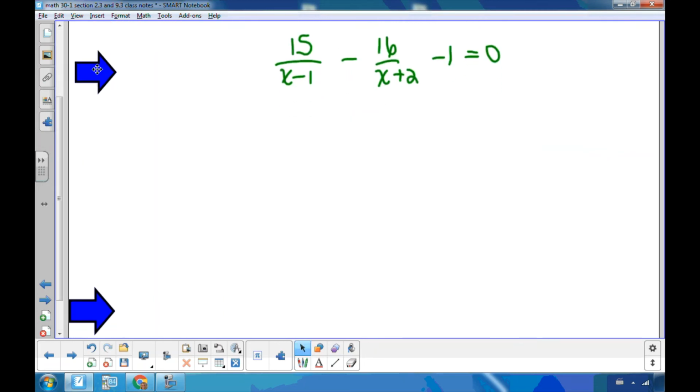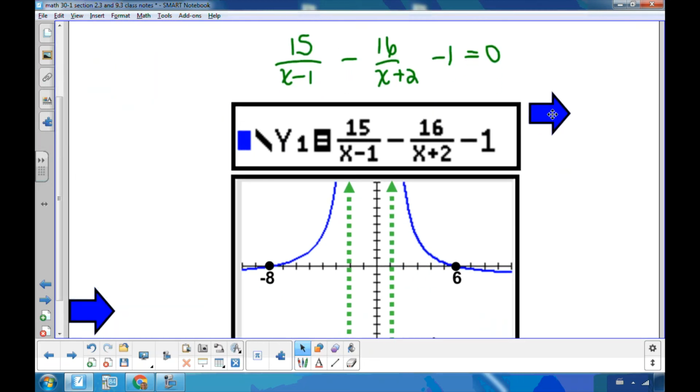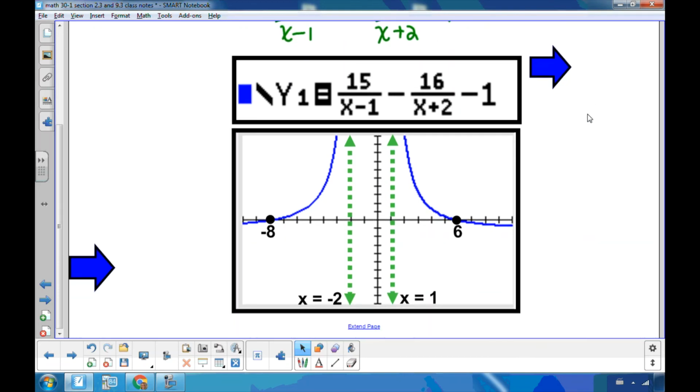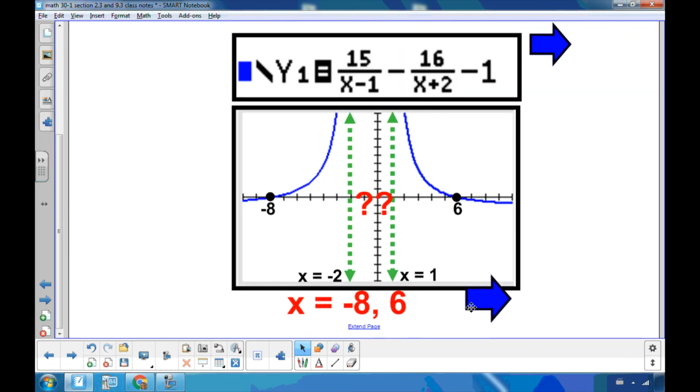This will give us a nice clean graph. So you can see there, I have my graph. Looking at the x-intercepts, I have 2 solutions, x equal to negative 8 and x equal to positive 6.